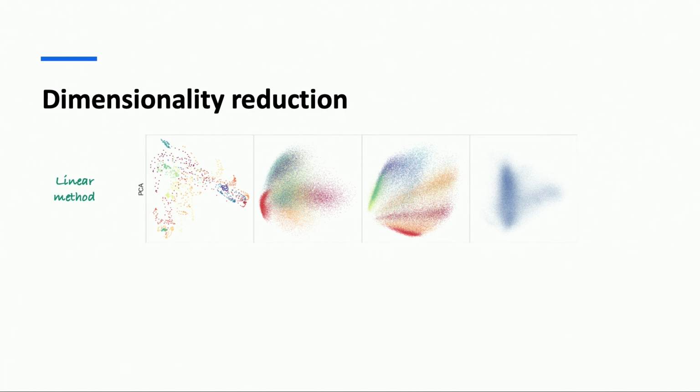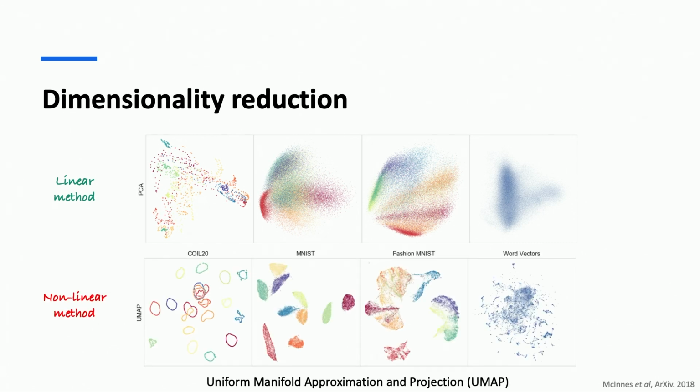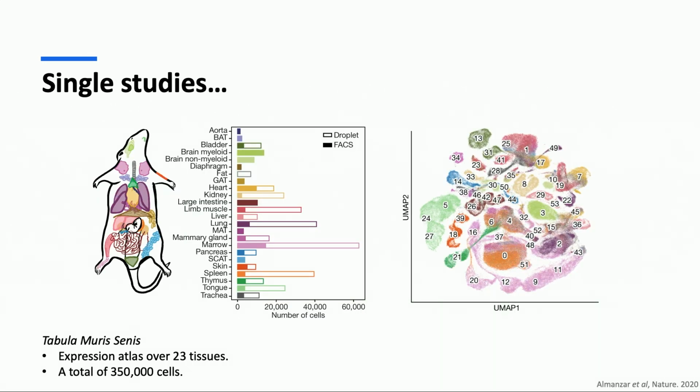Gene expression is actually one of such kind of problems. So people more recently have developed alternatives which are non-linear in the way in which they proceed. One of them is very, very popular. It's called the UMAP.